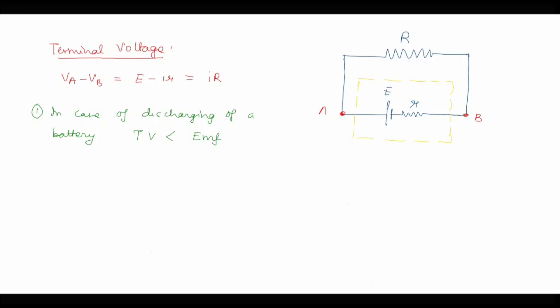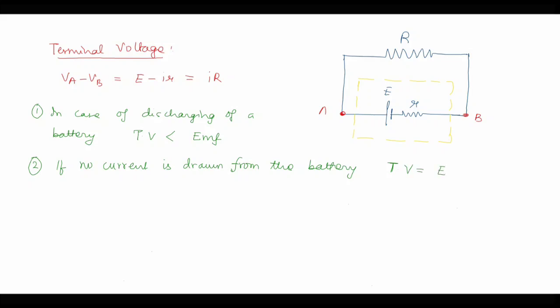The second notable fact which we state over here is, if no current is drawn from the battery, then EMF is equal to terminal voltage, which we have already stated in the formula of EMF.